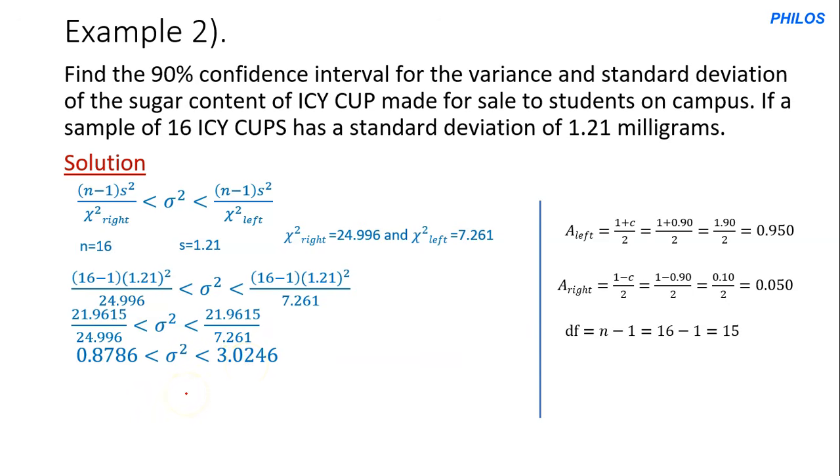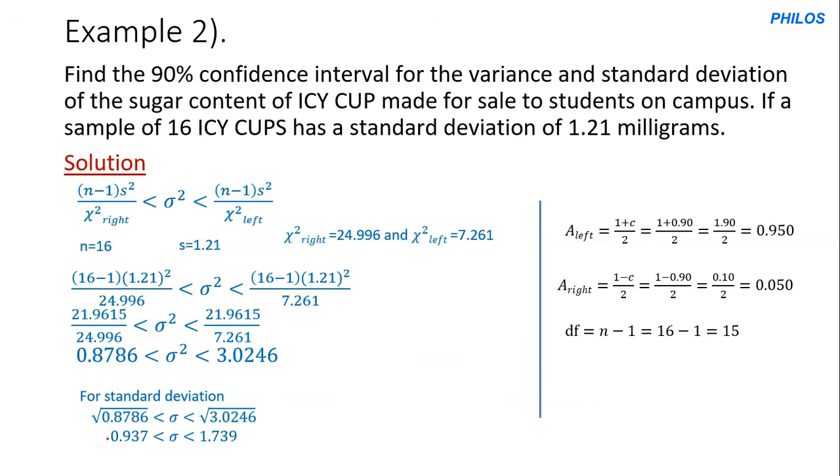To estimate the confidence interval for the population standard deviation, you just take the square root of the variance. So square root of 0.8786 less than population standard deviation less than square root of 3.0246. So square root of 0.8786 will give us 0.937.